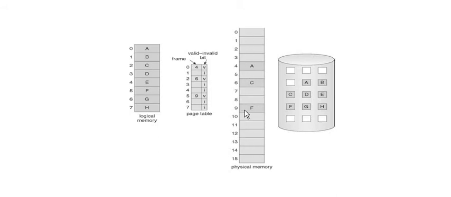That has to be addressed by the operating system itself. We can't even get it from secondary memory directly. I hope it is clear. V stands for valid bit. Valid bit means the particular information is there in the main memory. You can say A has 4, C has 6, and F has 9. Others are not brought in, they are still in secondary memory. So I stands for invalid bit.